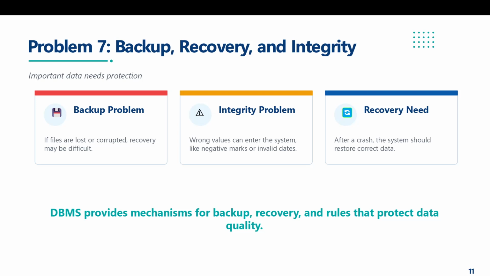In a simple file system, it is harder to enforce all these rules properly. But DBMS allows us to define constraints and rules to maintain data quality. So we can say DBMS helps protect data through backup, recovery, and integrity rules.